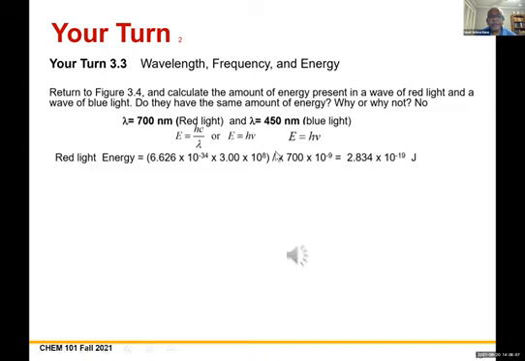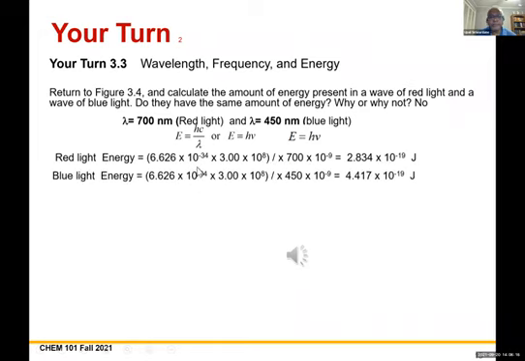So for red light, we have to use lambda. The energy of the red light is E is equal to h mu. H is 6.626 times 10 to the negative 34. So we calculate the red light energy: 2.834 times 10 to the negative 19 joules. Blue light, when you calculate that, is 4.417 times 10 to the negative 19, which is larger.